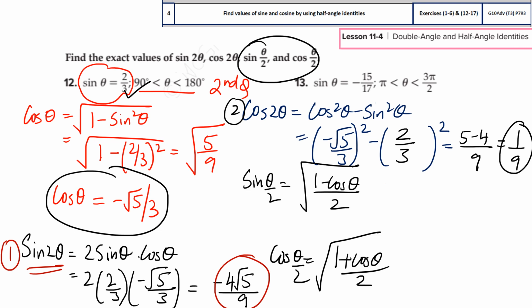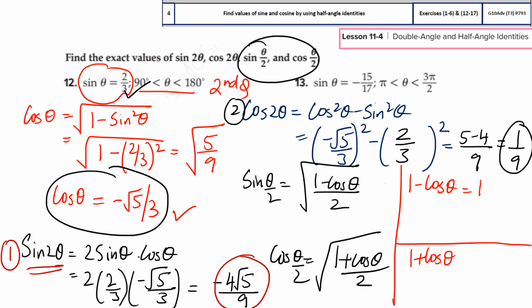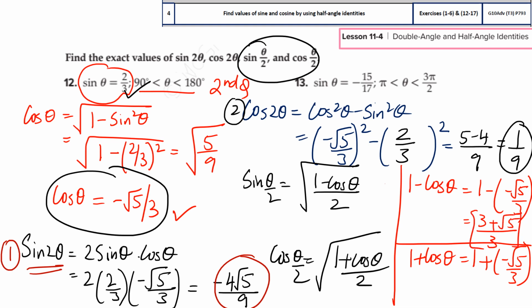So I will take this cos value and try to find 1 minus cos theta separately and 1 plus cos theta separately. Let's do it. So 1 minus of minus, correct? And here 1 plus minus. Now I take LCM. So this is 3 plus square root 5, and this is 3 minus, just the difference of a sign.